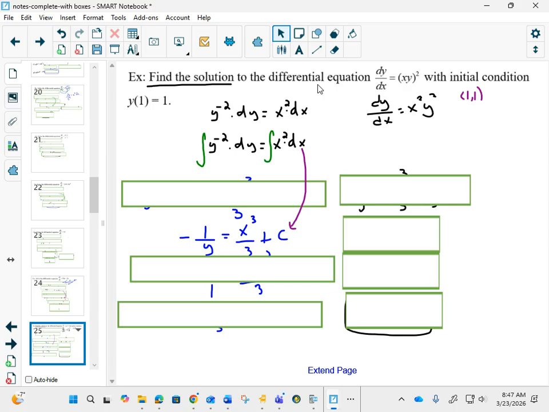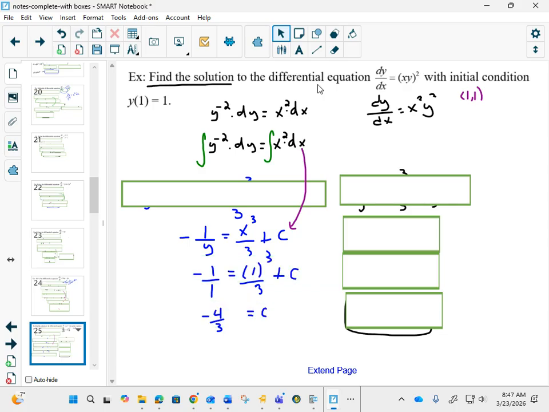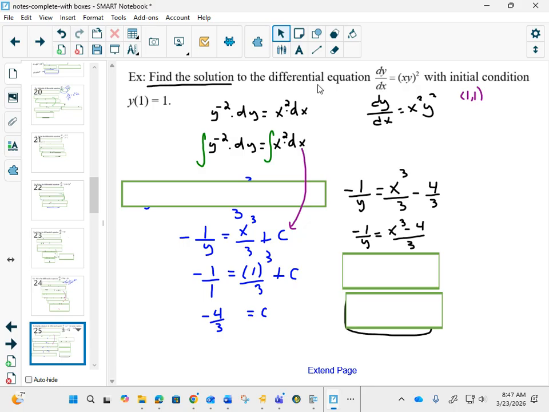Now we know that when x is 1, y is 1, so this allows us to solve for c, and you get negative 4/3. So now we could write out our particular solution.